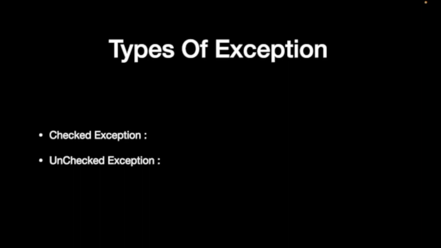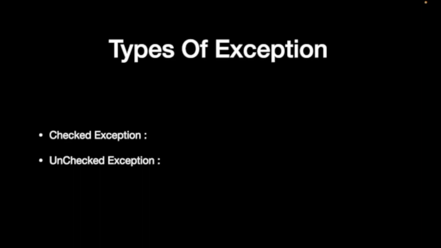Okay. So a checked exception means an exception which is checked at compile time by the compiler. So if you are throwing a checked exception, then you always need to handle that exception using a try catch block or by using the throws keyword. If you are not handling it, then you will get a compile time error for the checked exception.